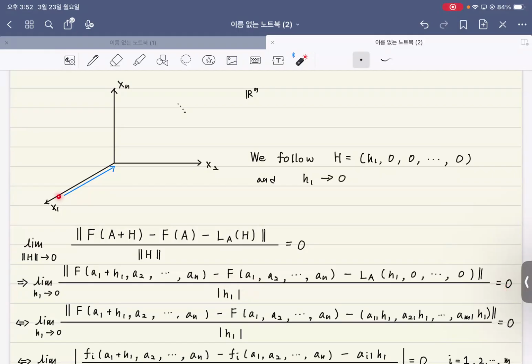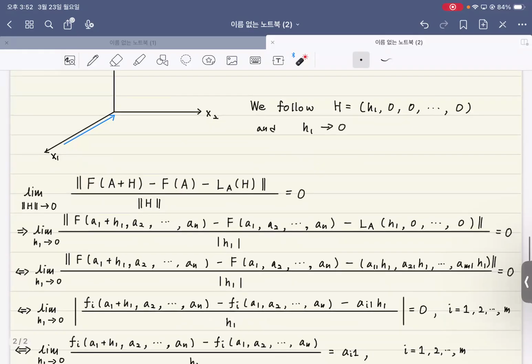So even if we are following this route, the limit must also be 0. Now, this line of equation and this line of equation are almost identical, but here I am replacing this guy by this weird symbol. And how did I get this?